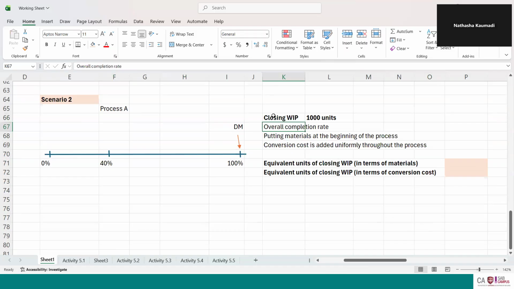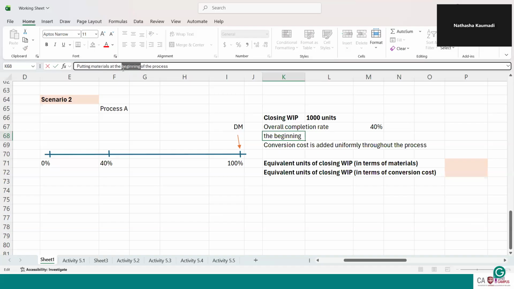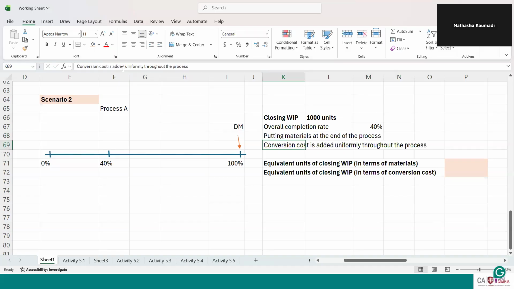Your overall completion rate, now you have completed, let's say 40%. Okay, 40%. Putting materials at, not the beginning, at the end of the process. See, direct materials are put at the end of the process. When the production completion rate reaches 100%, you are putting the materials.